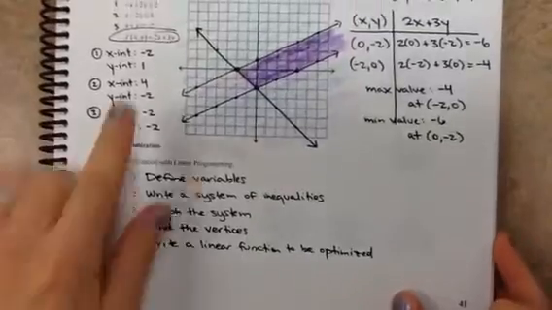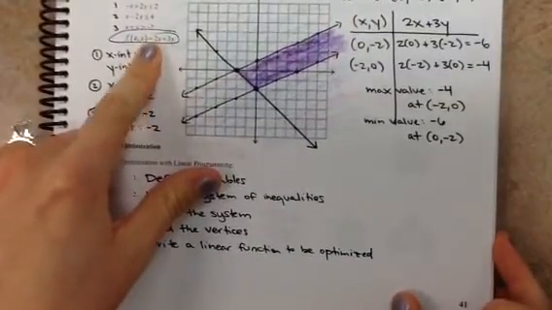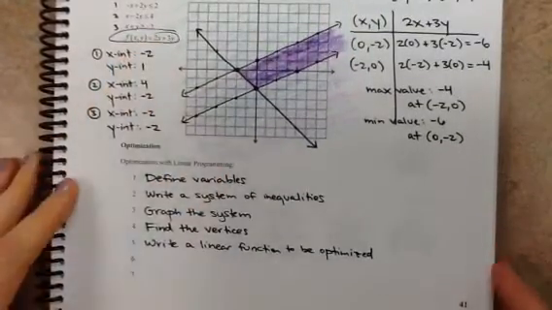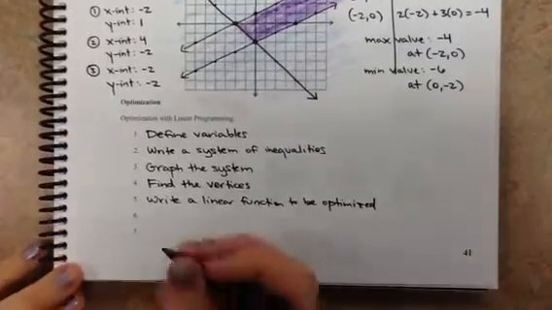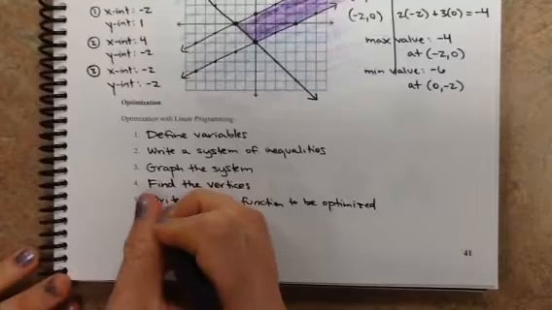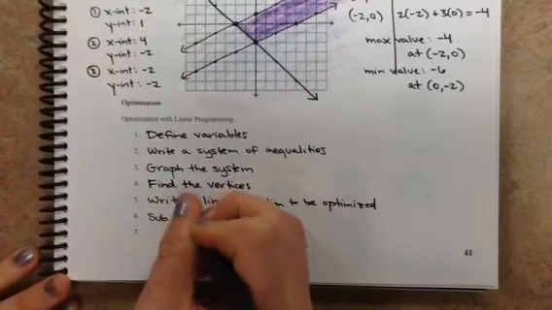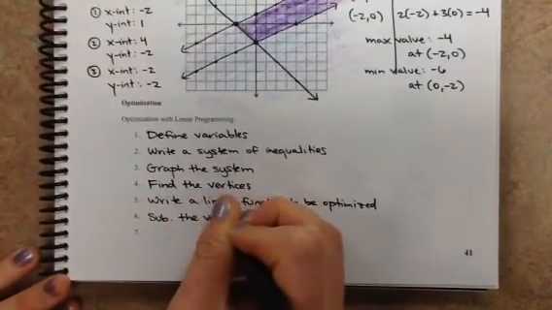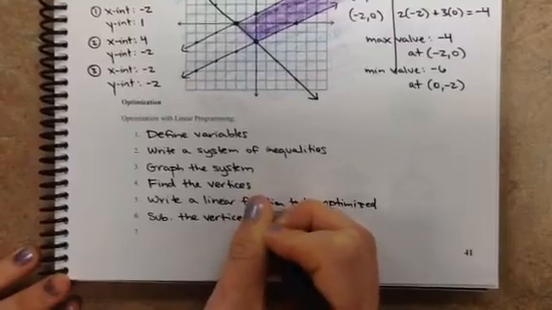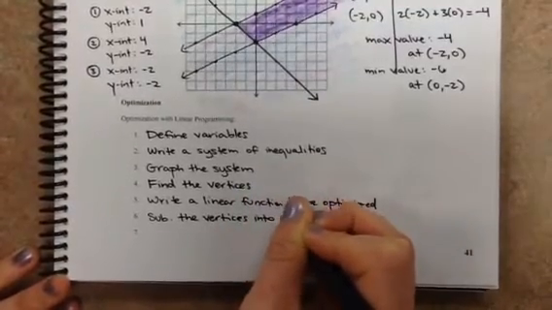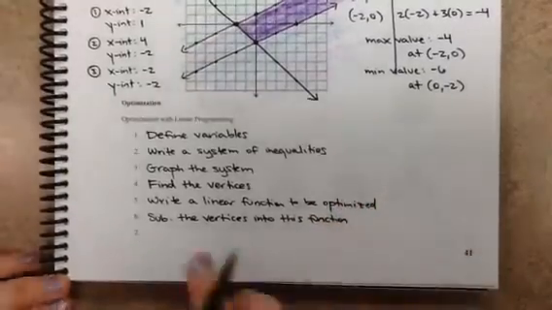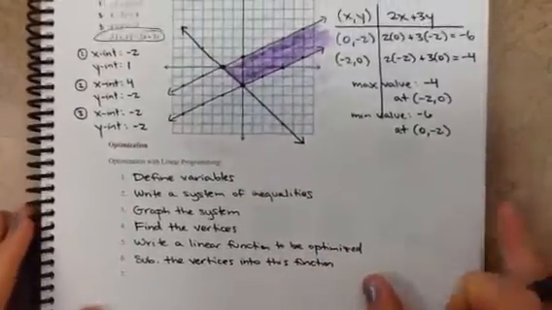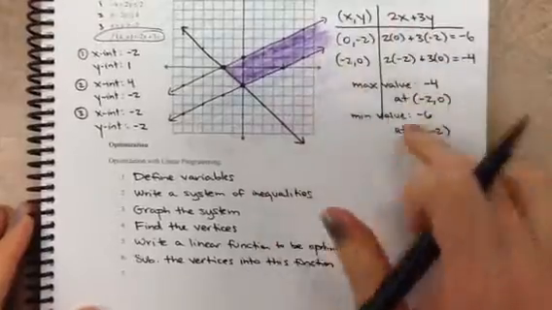So the linear function would be something like this, and that will make more sense once we see context with a story problem. Step 6, substitute the coordinates into the function. Subbing the vertices into the function is exactly what we're doing with a step like this.